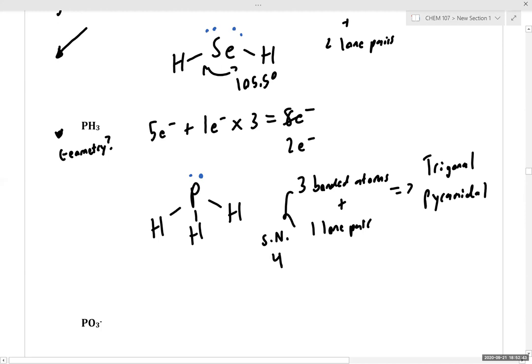But in those 4 electron groups, we have 3 bonded atoms and 1 lone pair. Does that make sense? No, I didn't get it. What are they? The electron groups are the total number of bonded atoms and lone pairs. It's just like a charge sphere. Okay, bonded atoms and lone pairs. Does that make sense?